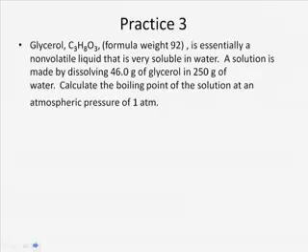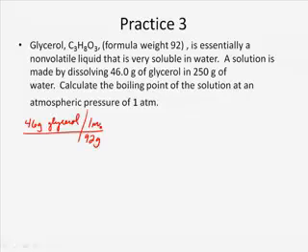Here I'm adding glycerol to water, and we're going to dissolve 46 grams of the glycerol, which has a formula weight of 92. So 92 grams in 1 mole. So that's 0.5 moles of my glycerol. And it's dissolving in 250 grams of water.